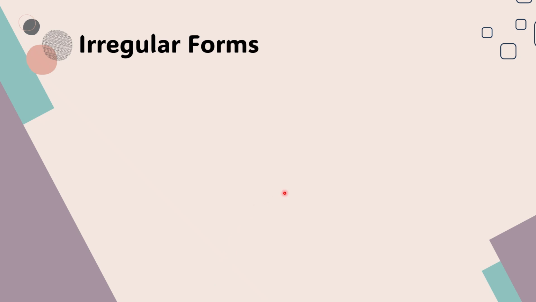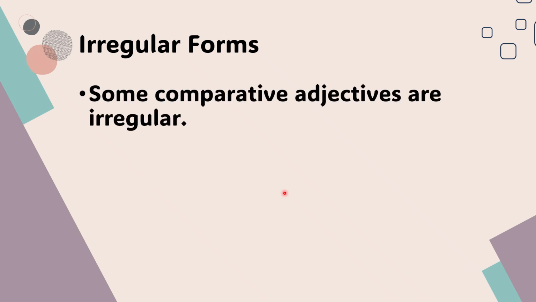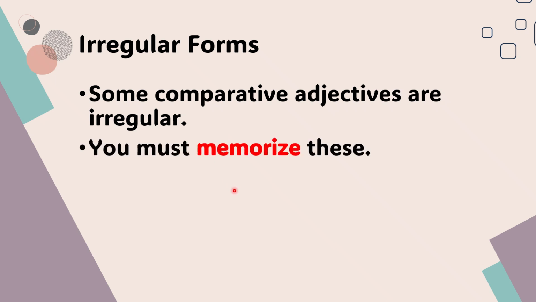Some comparative adjectives are irregular, not following the regular forms like ER, so you must memorize them. For example, good does not become gooder or more good, but becomes better.